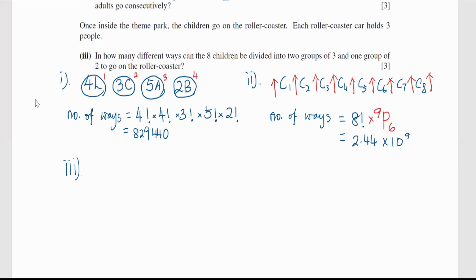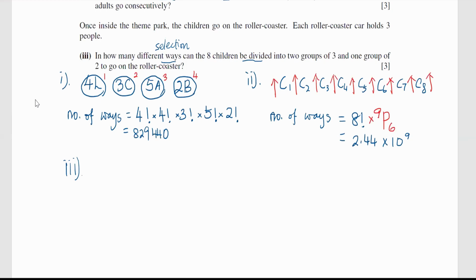Okay, so this is looking for the number of ways they can be divided. So this is actually looking for selections, because we just need to select the children and put them into groups, right? The arrangement is not important here.